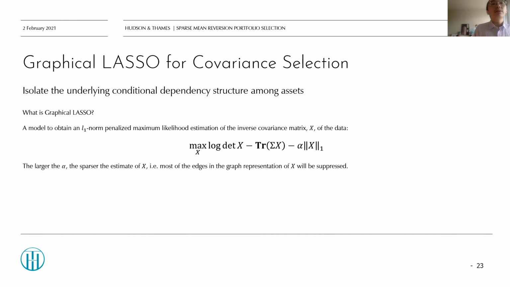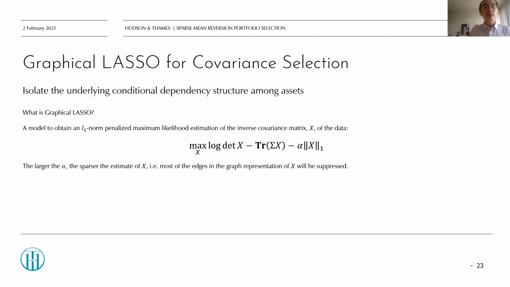All right, so what is graphical lasso? This is a model to obtain a one norm penalized maximum likelihood estimation of the inverse covariance matrix of the data. And the parameter we can tune here is alpha. So alpha is the regularization parameter.